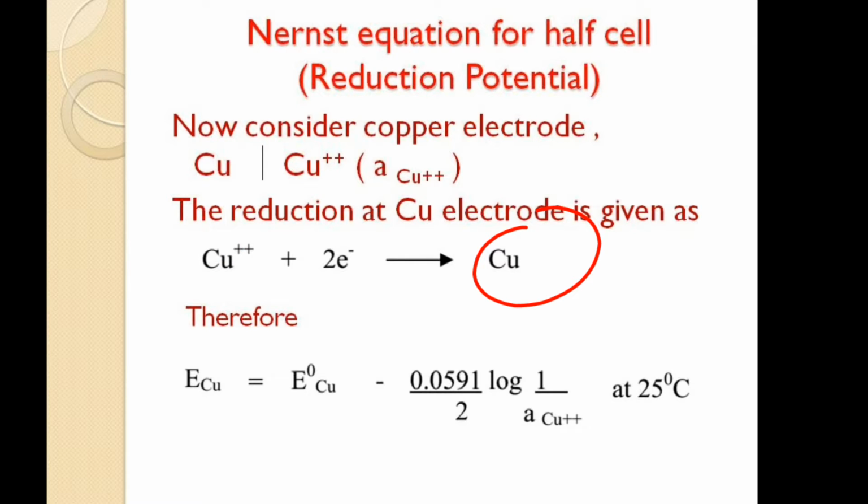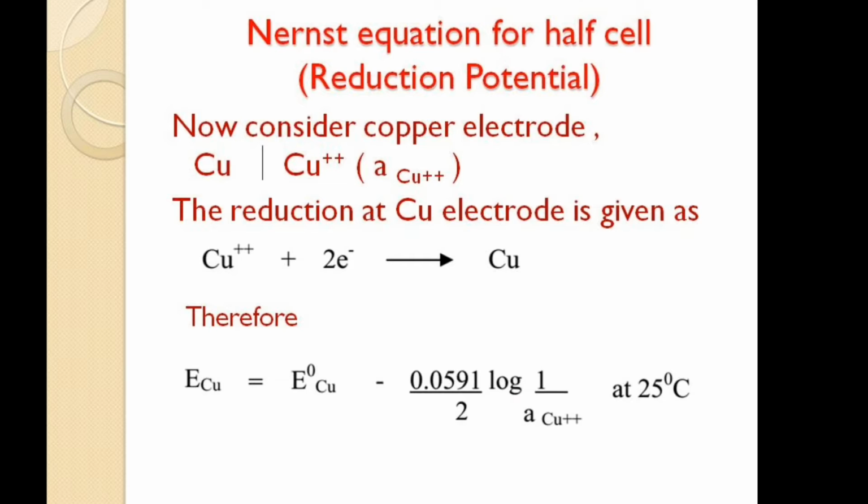So here this is the product side and this one is the reactant side. Again the concentration of copper is considered as 1. So this equation becomes E reduction of copper is equal to E0 reduction of copper minus 0.0591 upon 2 log to the base 10 of 1 upon activity of Cu2+ ion. Since here we take 0.0591, this is the Nernst equation at 25 degrees centigrade.